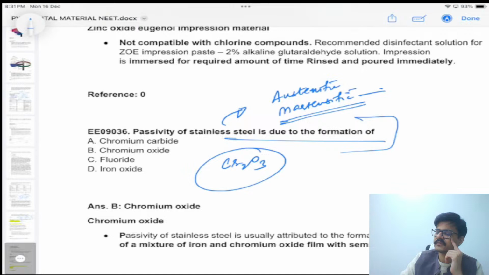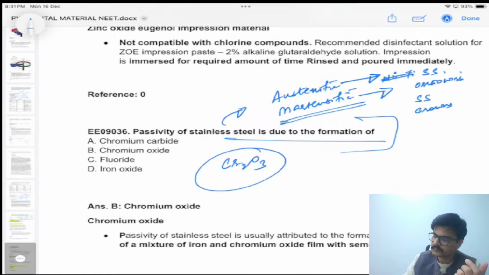Martensitic form of stainless steel is used to make the cutting edges of surgical instruments. Austenitic form of stainless steel is used to make your orthodontic wires, NITI files, your stainless steel files, right? Orthodontic wires and your SS crowns, right? Stainless steel pediatric crowns, right? So these are the MCQs that come.